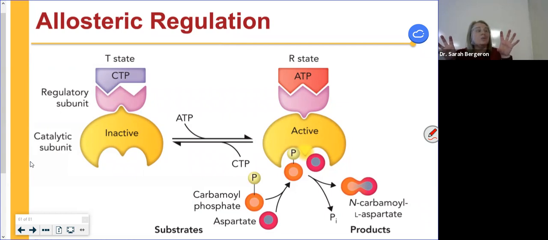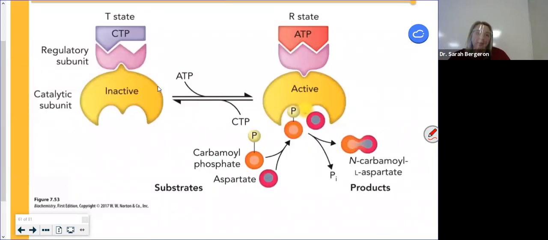The regulatory unit is just there to bind to regulatory molecules and then propagate that conformational change to the active site. So in this example, this is an enzyme that is involved in production of CTP. If I'm going to try to produce CTP, what I want is for my product to inhibit the reaction. So CTP will bind to this regulatory subunit, and it'll change the active site, and the active site becomes basically inactive.